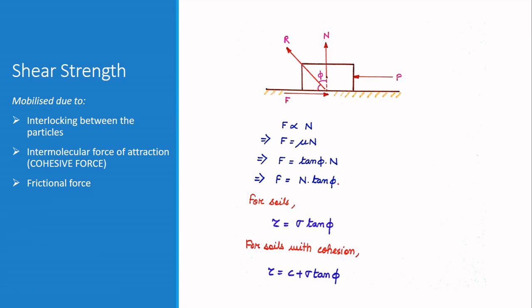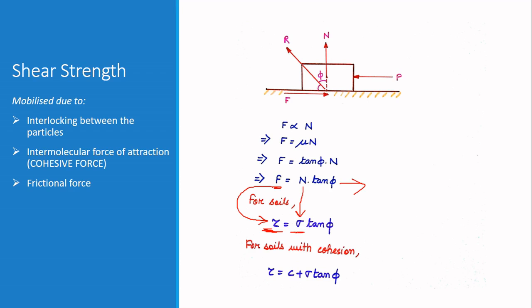Now if I try to compare this equation with soil, I will find that the frictional force is equivalent to the shear strength developed in the soil. Shear strength or shear stress in soil is denoted by tau. The normal reaction is equivalent to the total stress on the soil particles, which is denoted by sigma.